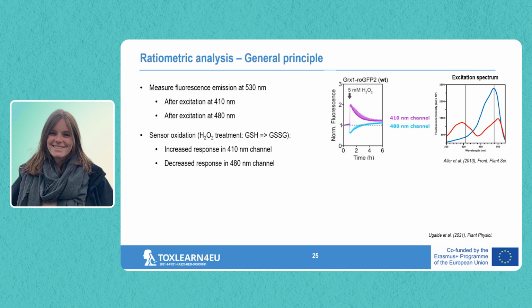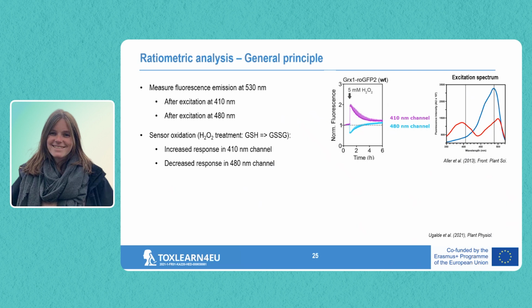Now, to give you a very easy example, let's assume we expose our plants to hydrogen peroxide. What we expect then is that the glutathione will get oxidized to glutathione disulfide. And that's what we did over here. So here I put again the spectrum just so you can remember what it looked like. Here we had the reduced sensor in blue, the oxidized sensor in red.